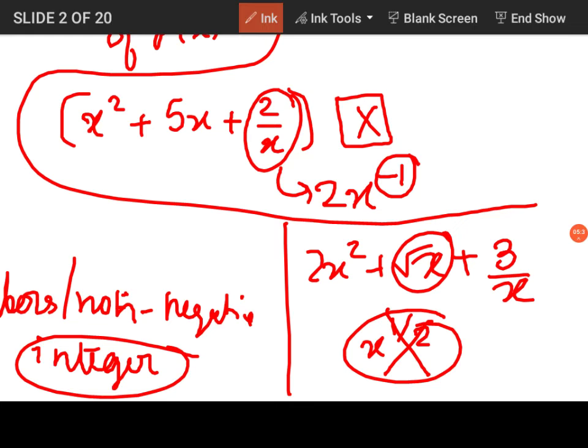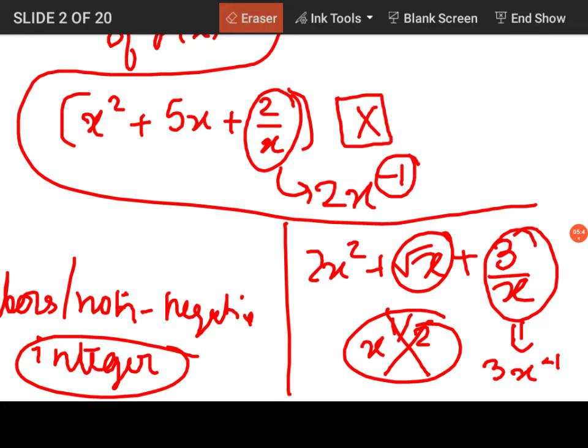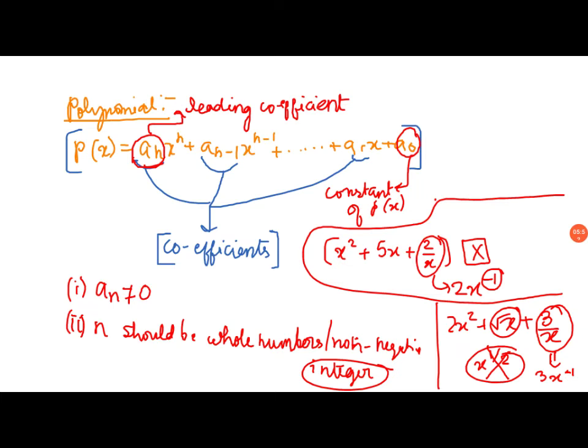But if we look a bit further, we see that this term is also here. This again turns into 3 multiplied by x raised to the power minus 1. Again, minus 1 cannot be a non-negative integer, so this is also not a polynomial. So I hope that you understand this whole condition for being called a polynomial and what a polynomial is, and I hope that you also understood the general form.